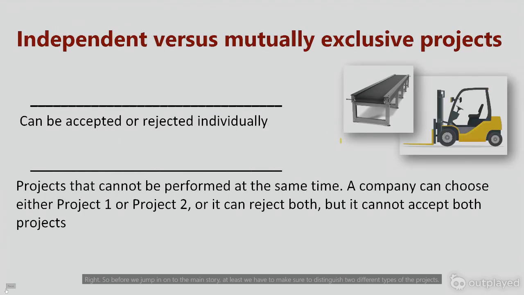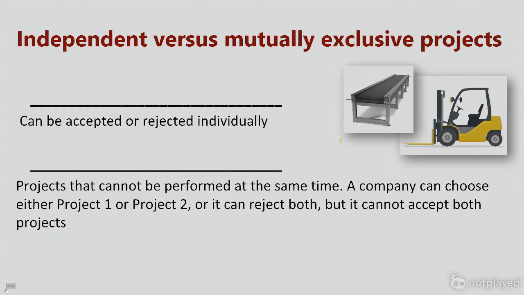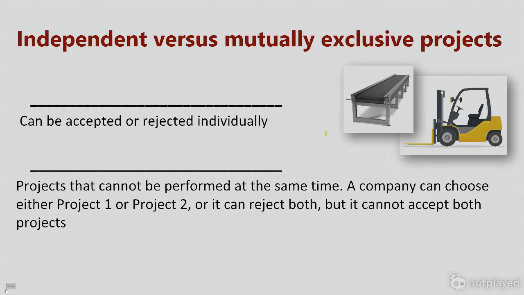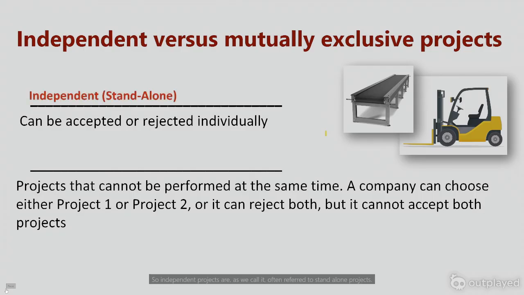Before we jump into the main story, we have to make sure to distinguish two different types of projects. Whether projects are identified as independent or mutually exclusive, our decision criteria become different. Independent projects are often referred to as standalone projects.